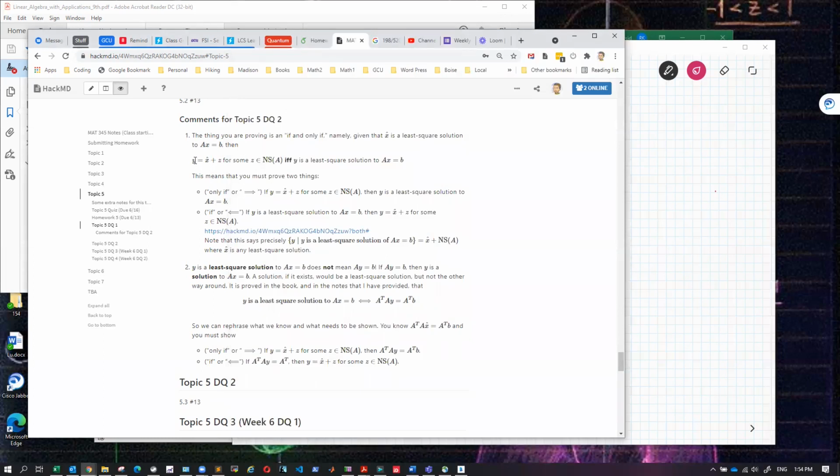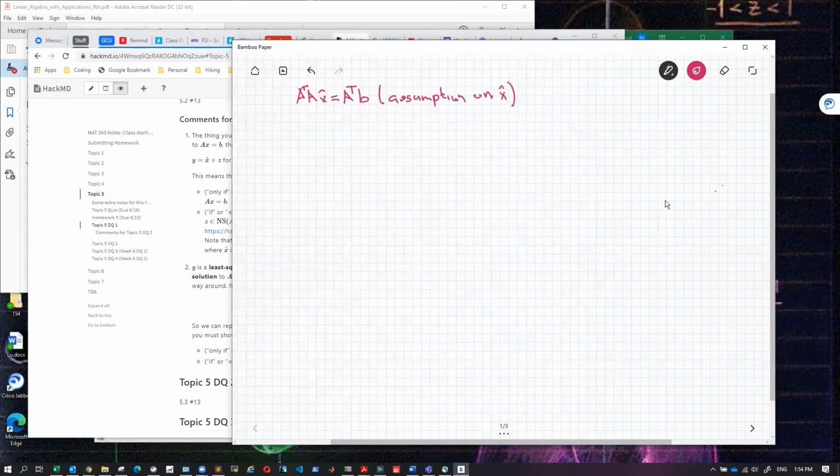Now what we're going to do is assume this side. We're going to assume y is equal to x hat plus z for some z in the null space of A, and we're going to try to prove y is a least squares solution to Ax equals b. So let's get that down.